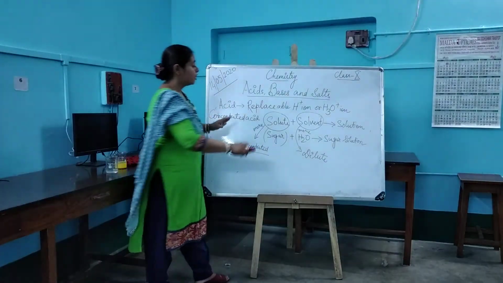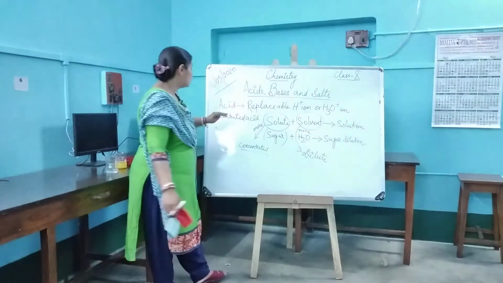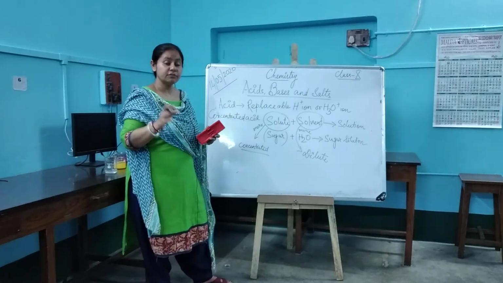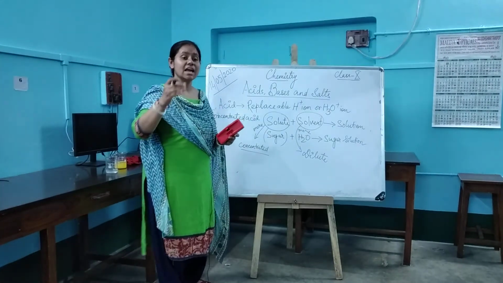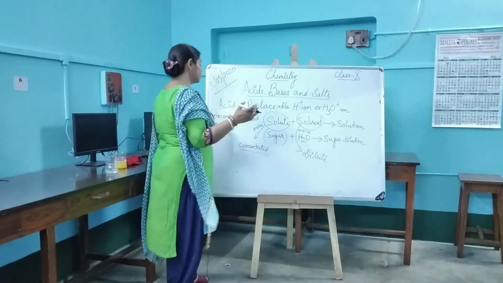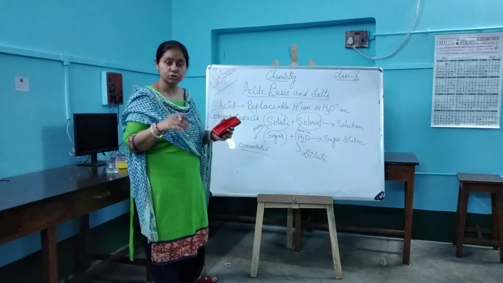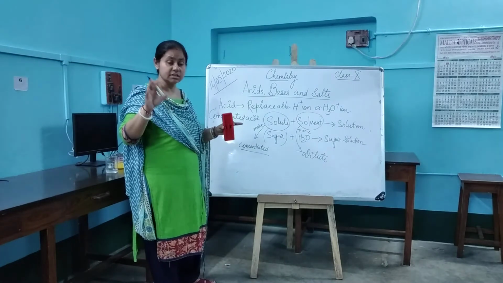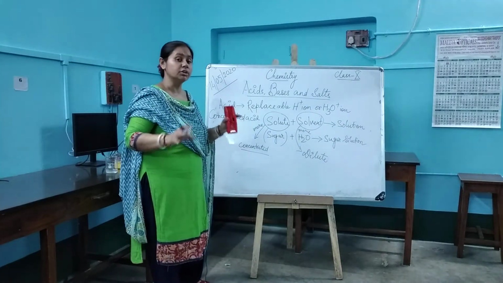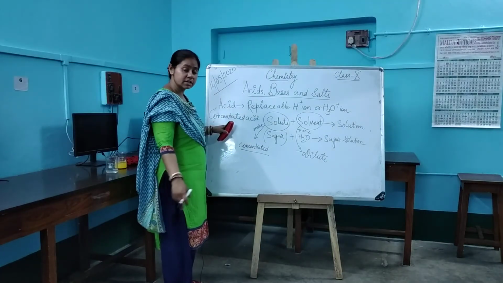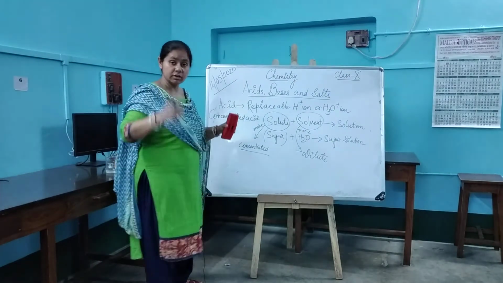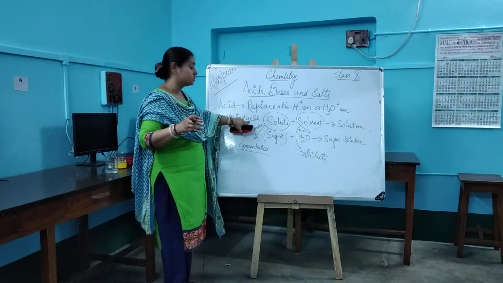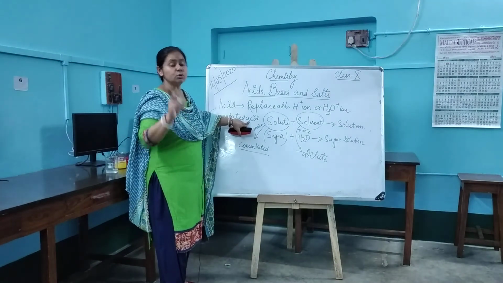Okay, so from this particular concept, we will explain concentrated acid. Suppose you want to make a water solution of acid. If the amount of acid is more than water, then it will be a concentrated acid. But if water is more than the acid, then it will be a dilute acid.